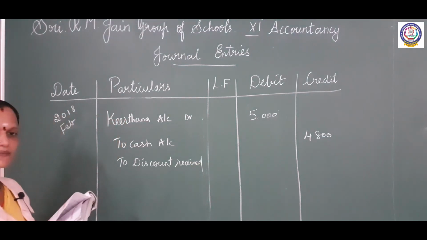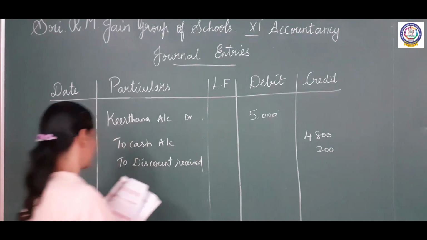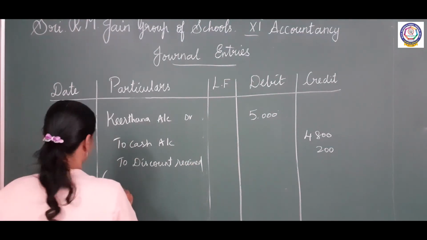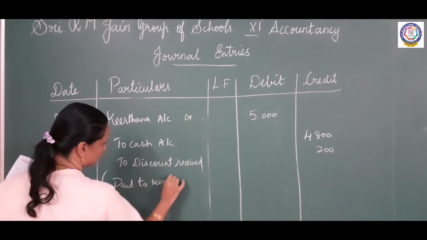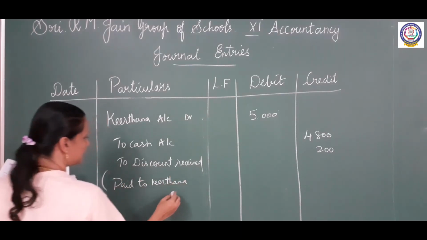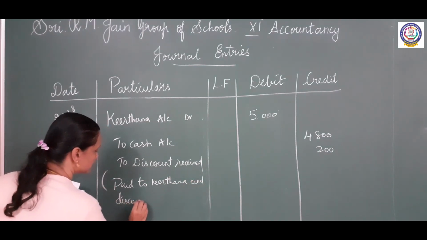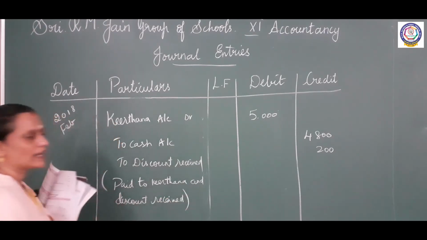So we are receiving the discount. How much? 200 rupees. So here in the narration what should you write? Paid to Kirtana and discount received. Okay, copy this.